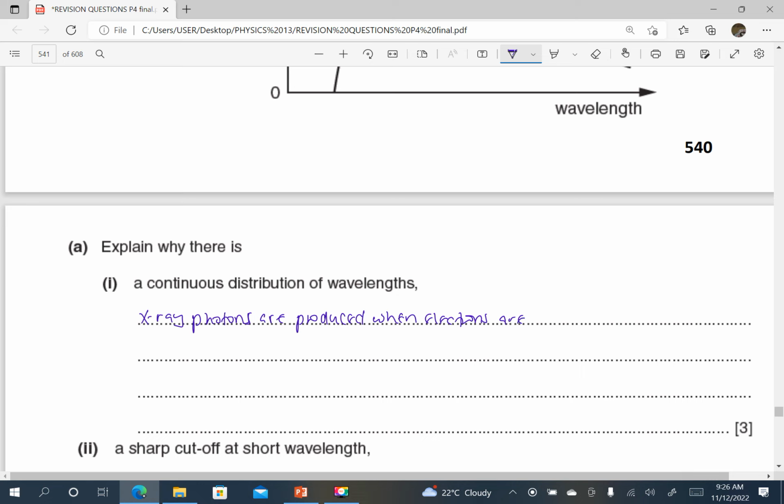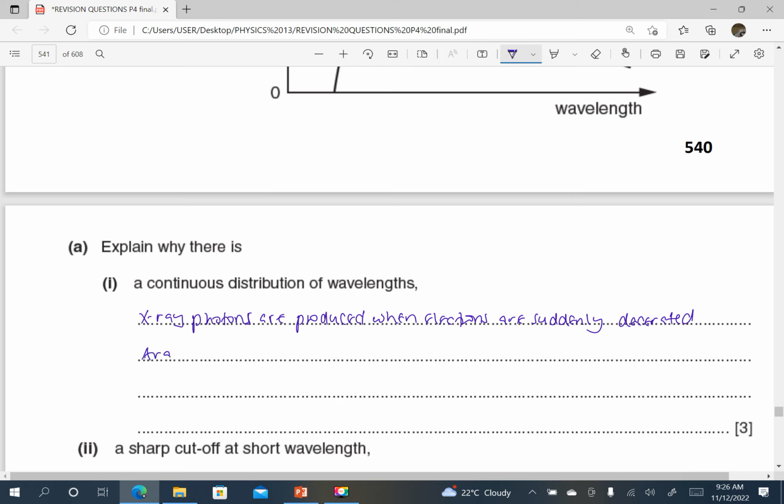Suddenly, of course, and rapidly. X-ray photons are produced when electrons are suddenly decelerated, and a range of decelerations occur in the target.